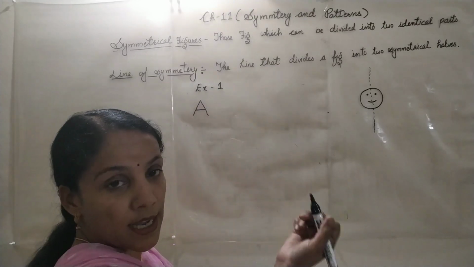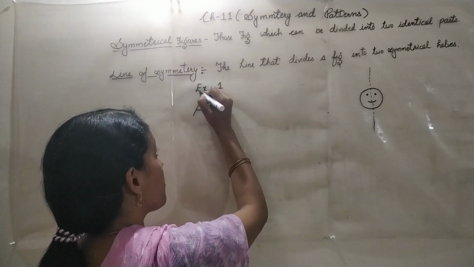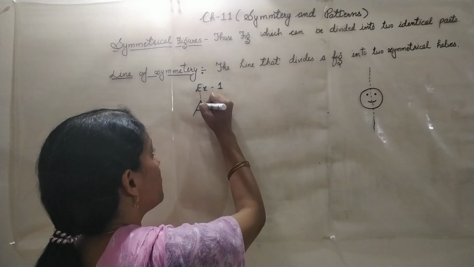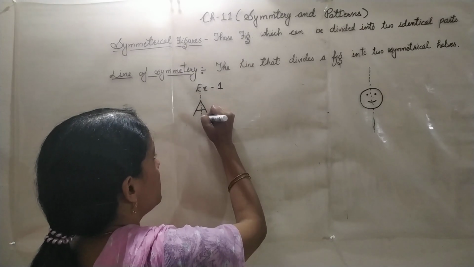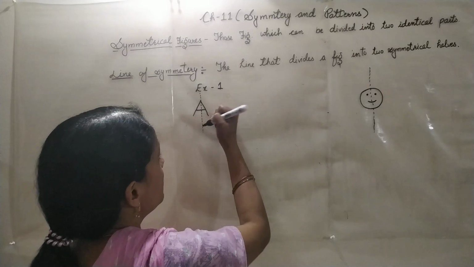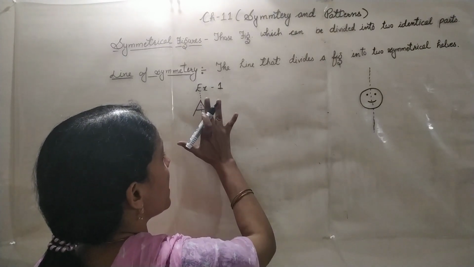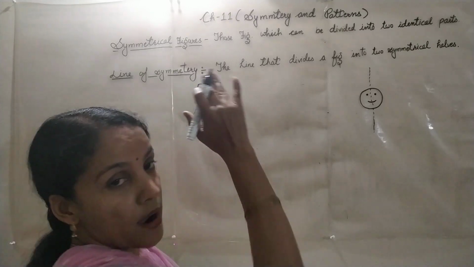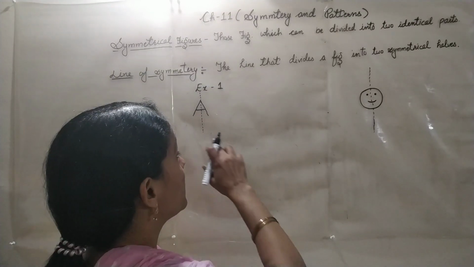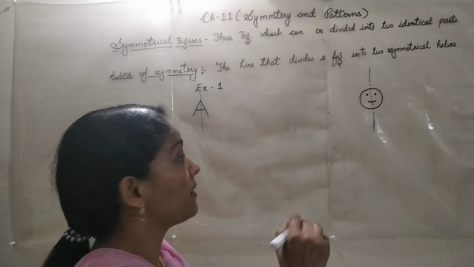Both the halves are not identical, so we make a vertical line from above to down. When we draw this vertical line, the half part of A is identical to the other half part of A. So we get only one line of symmetry here.